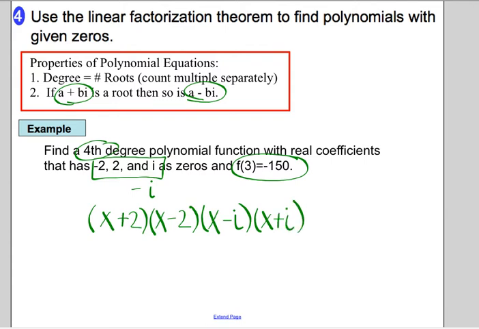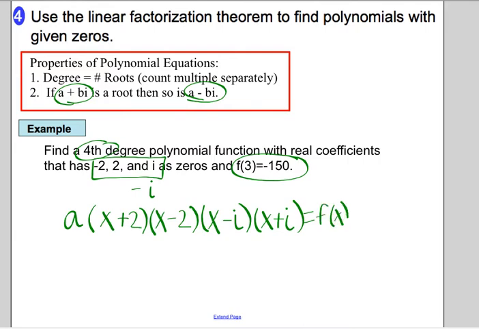Now, that would be the equation. I obviously need to multiply all this together and make it look like a polynomial. The only problem here is that I haven't taken into account yet the coefficients. That's where this f of 3 equals negative 150 comes in. There's usually some sort of stretch or compression in front of all of our equations, an a value. Now, I don't know what that is, but I know that if I plug in, so that equation is going to equal f of x.